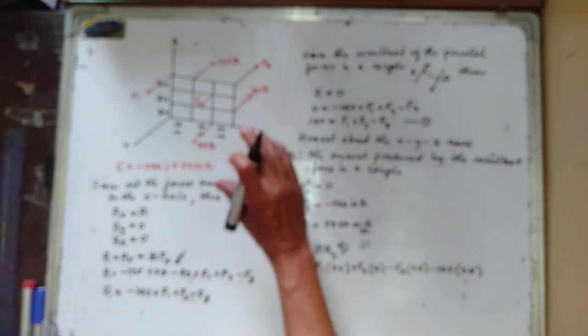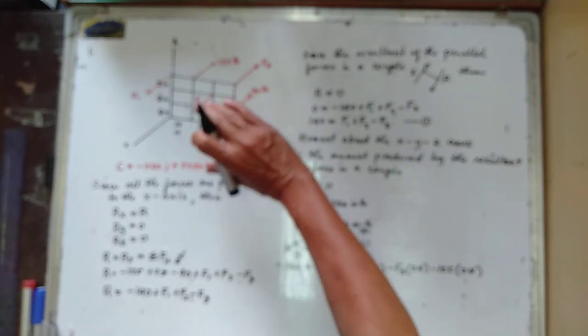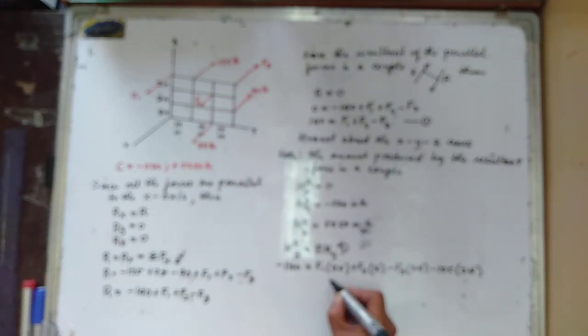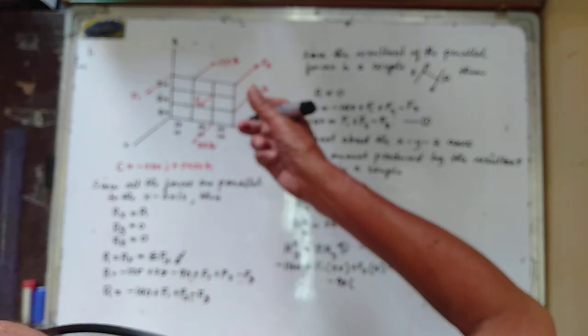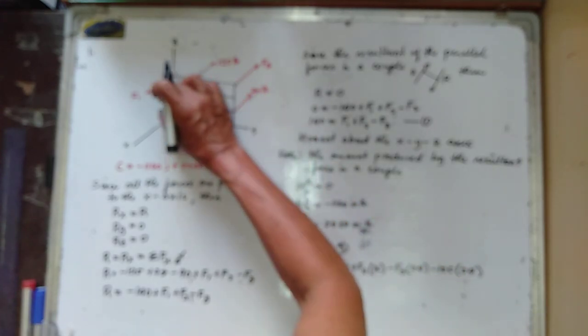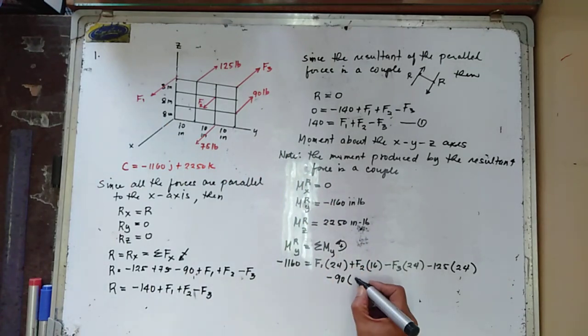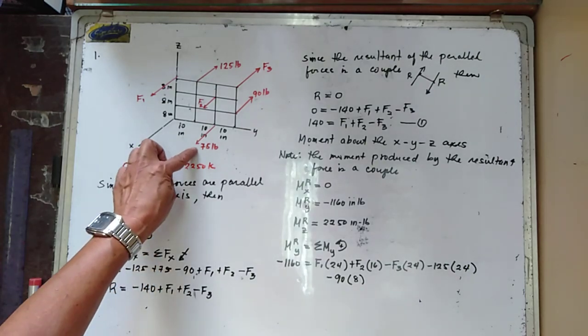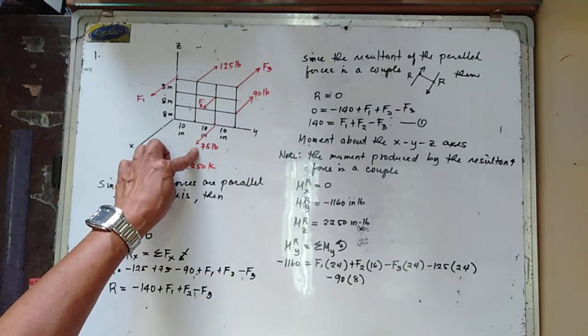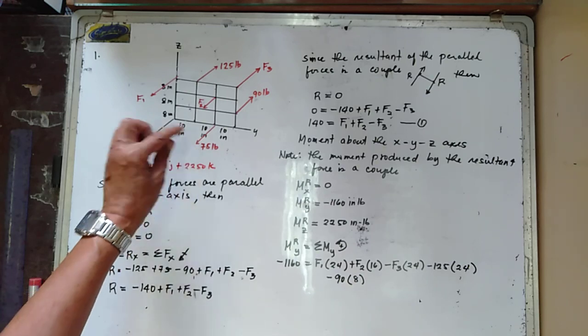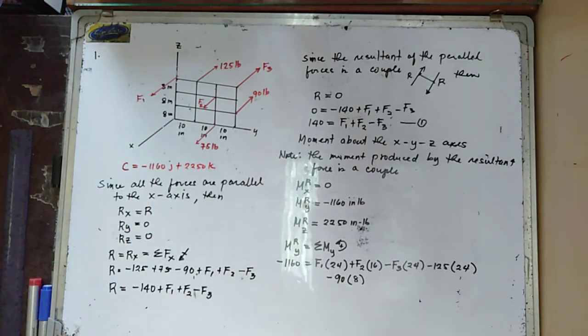And then we have minus 90. So we still have minus 90, that is a clockwise moment. Multiply this by the moment arm, which is equal to 8. Now, the 75 pounds will not have moment about the y-axis because it intersects the y-axis.